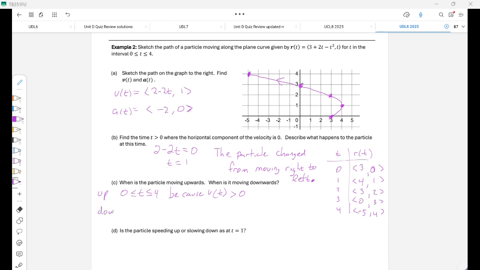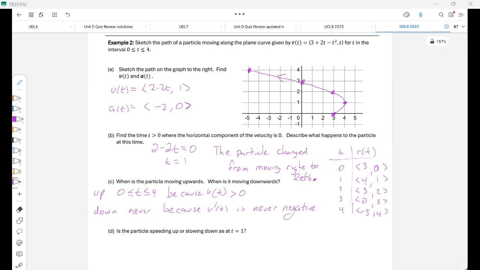And down, never, because v prime of t is never negative. A couple different ways to write that, but that'd be a good answer to that question. Back and make one change up here and call out how I found these things.